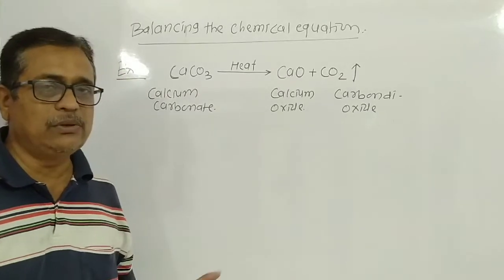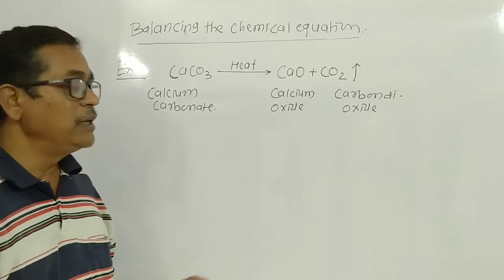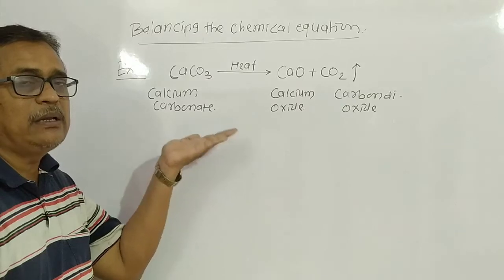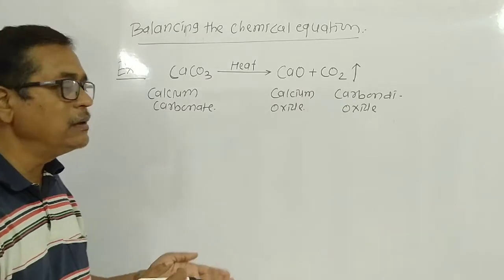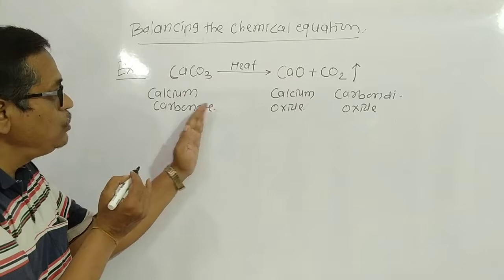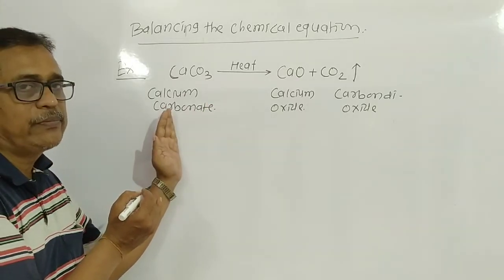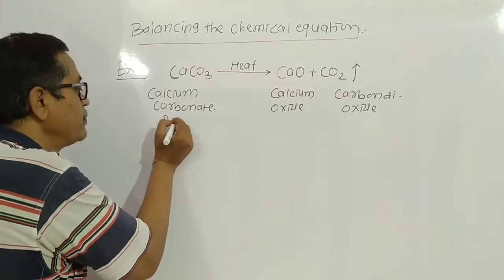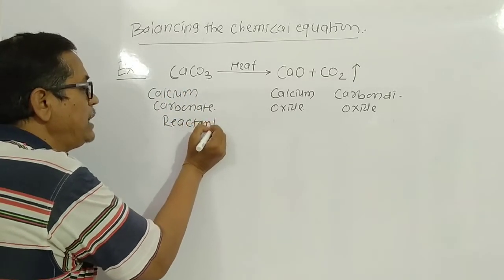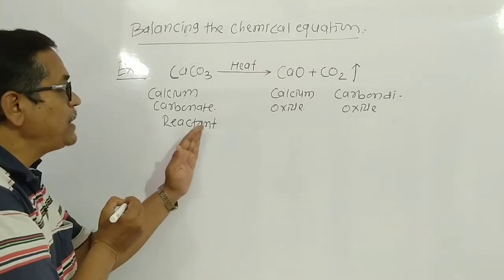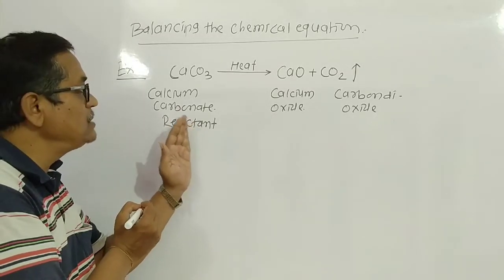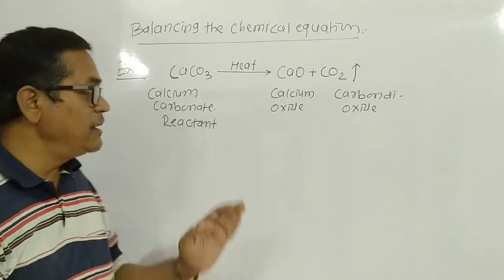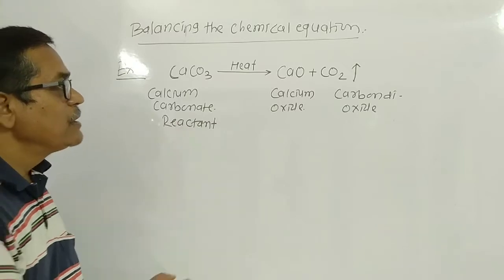In the previous video, we studied that the substances that take part in a chemical reaction are called reactants, and reactants are represented on the LHS of the equation. Here CaCO3, calcium carbonate, is the reactant.